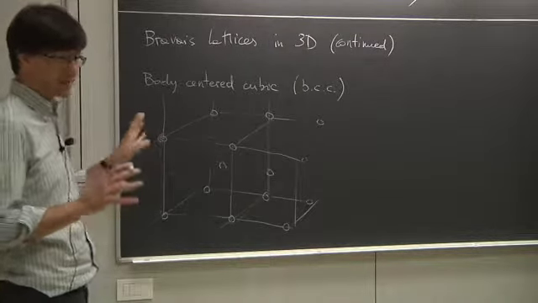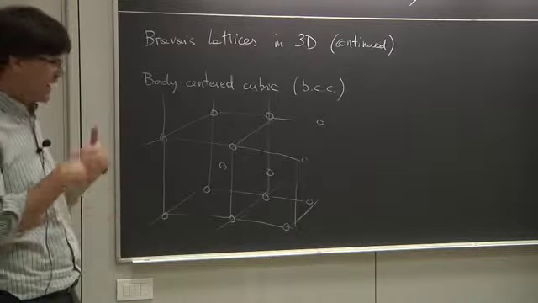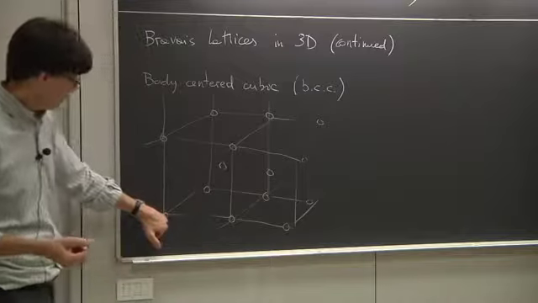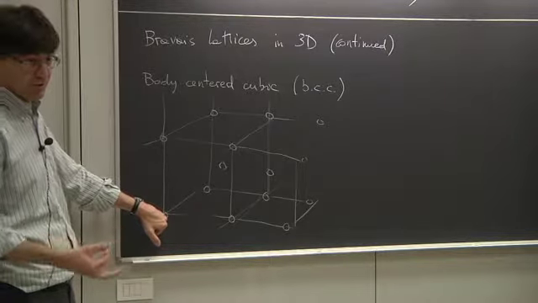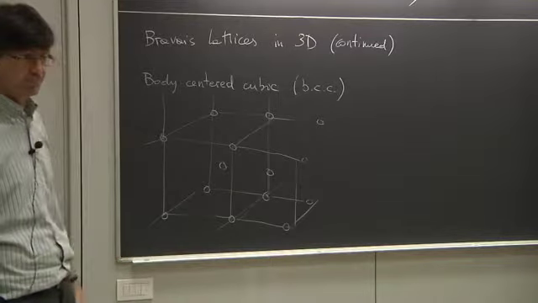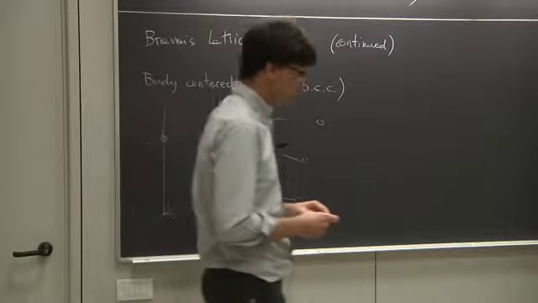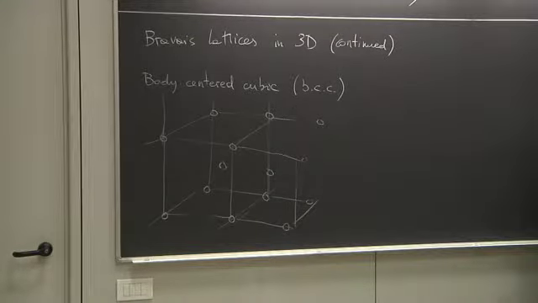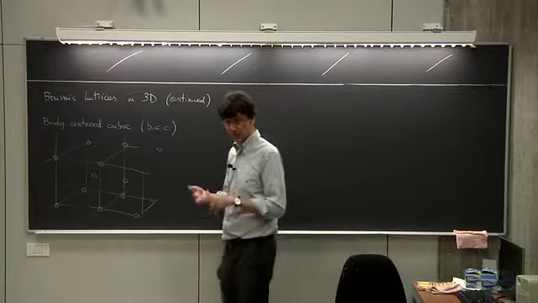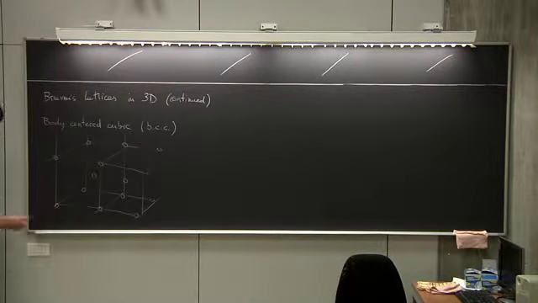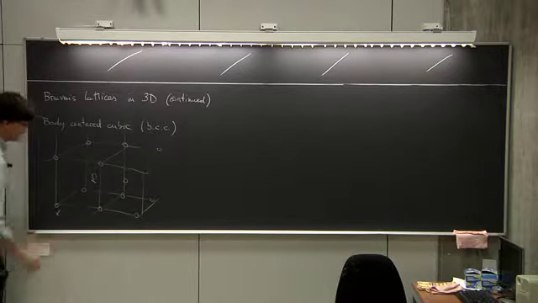I just need to take a simple cubic lattice and add a basis, which is composed of the point that was originally in the Bravais lattice and another point in the middle of the cube. So it is obvious that I could describe this BCC lattice as a simple cubic lattice with a basis of 2 vectors, one being this one here, and the other one being this one.